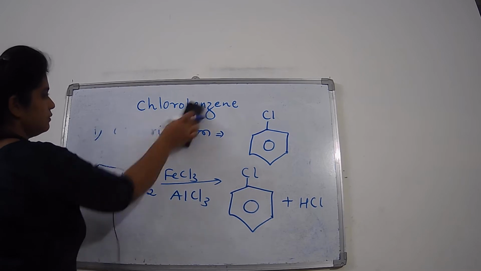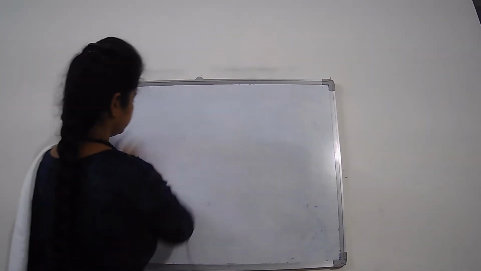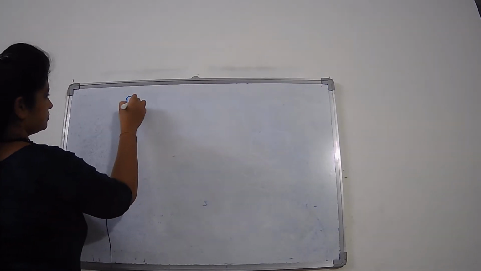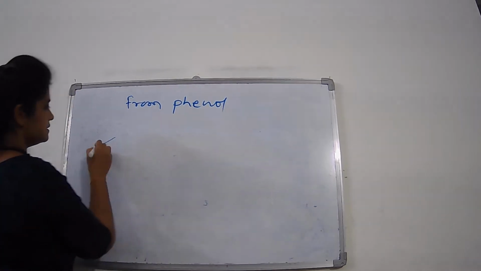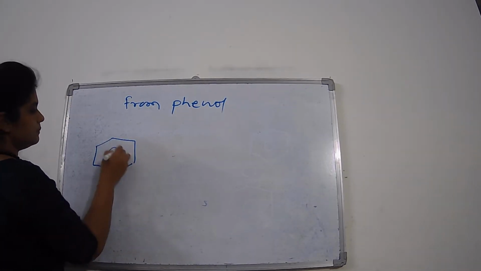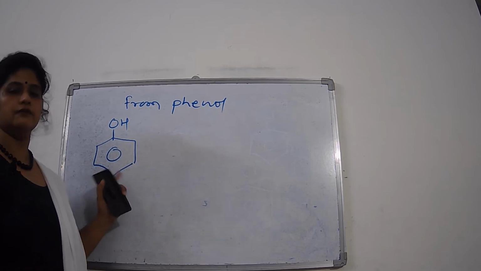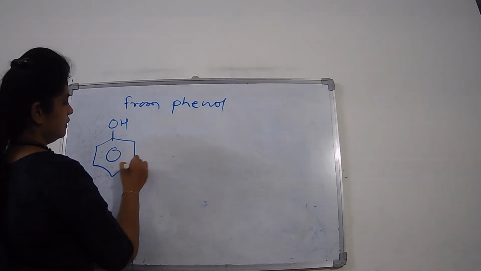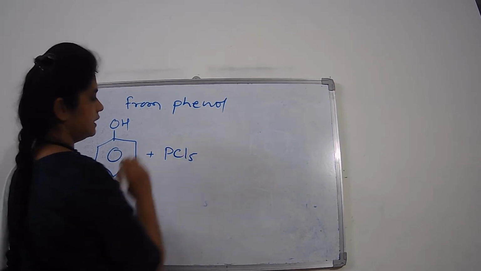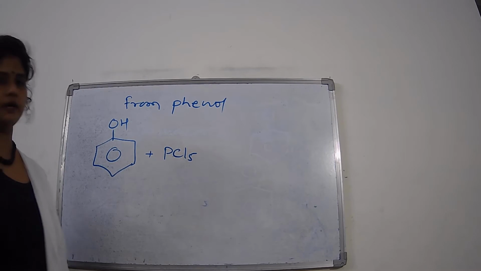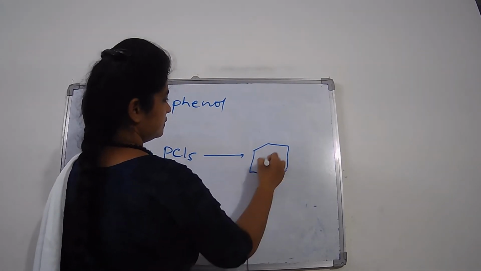The second method of preparation for chlorobenzene is from phenol. Phenol means a compound where a benzene ring is there, and to the benzene ring OH is directly attached. So this is phenol. Phenol reacts with PCl5, that is phosphorus pentachloride, and forms chlorobenzene.